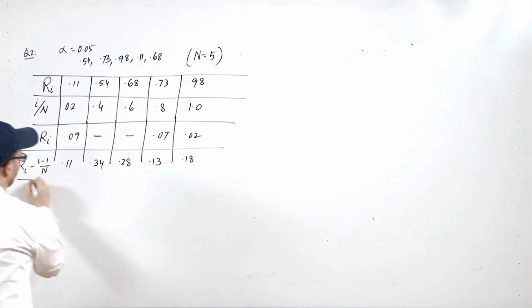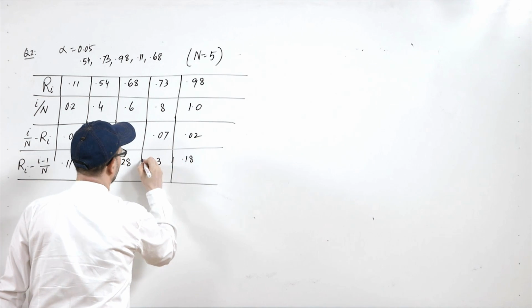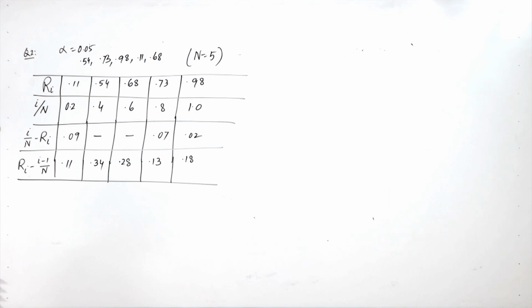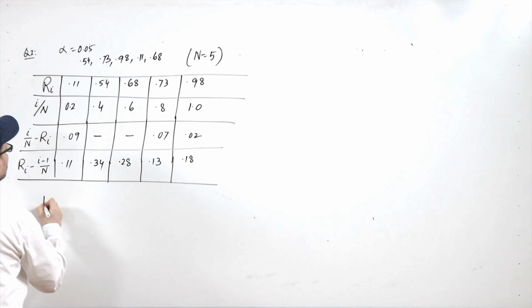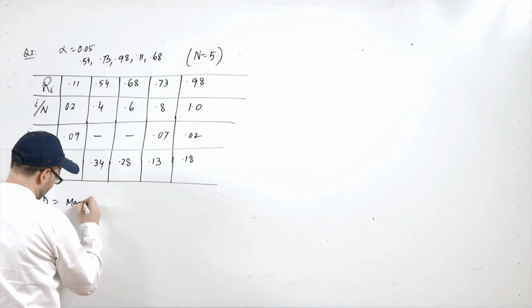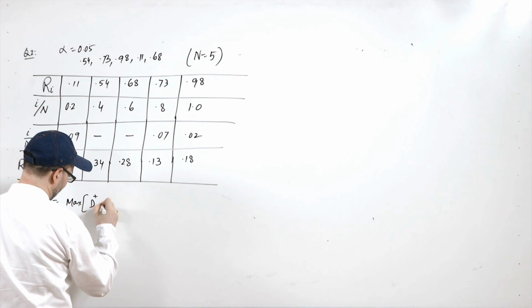Now, after finding this, we have to find D plus and D minus and then D. D will be basically the maximum of D plus and D minus.